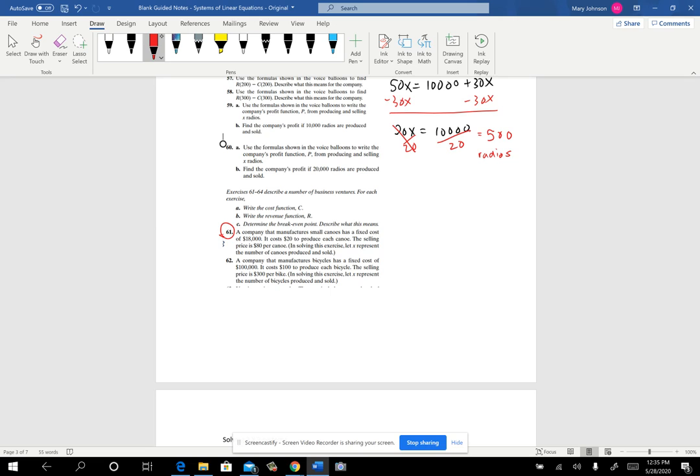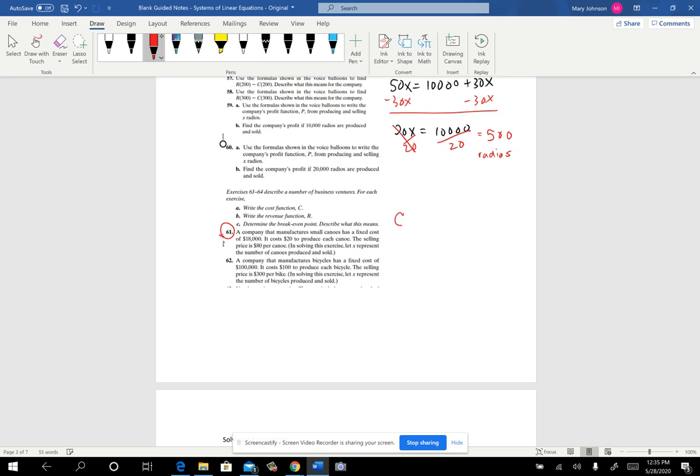Then it says it costs $20 to produce each canoe. So it has a fixed cost, and this other one is sometimes called the variable cost. That covers things like the materials for making a canoe, or the extra employees you might need, that type of thing. So that first sentence involves the cost.